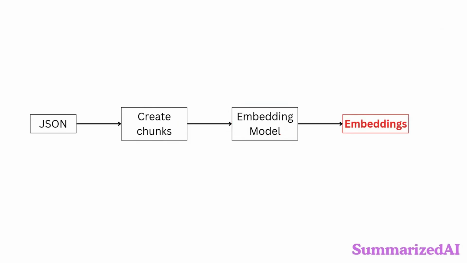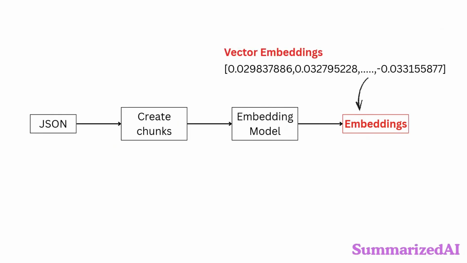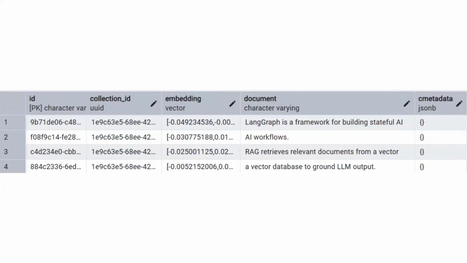This embedding model will help us to generate vector embeddings for each chunk. And as we know, embeddings are nothing but a sequence of numbers separated by comma. Now, store both document content and its vector embedding in the PG vector database, something like this.